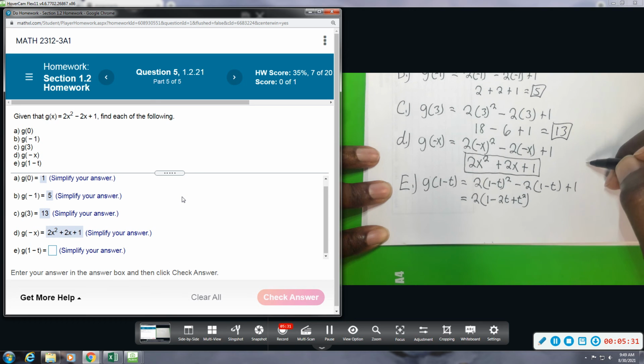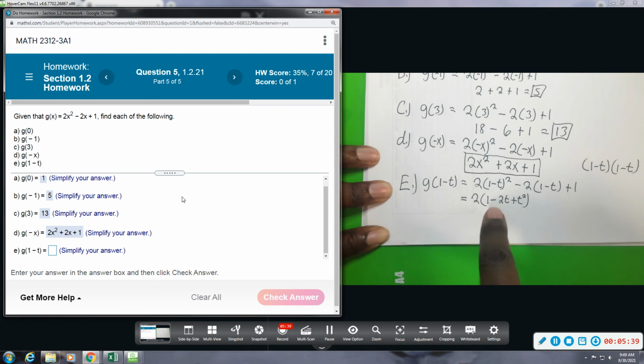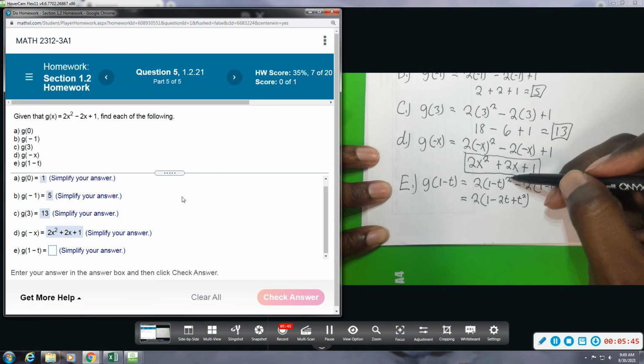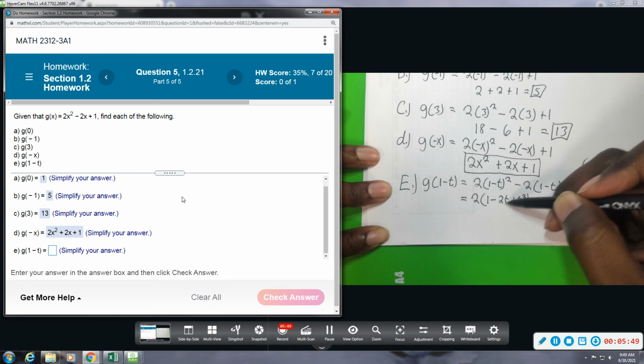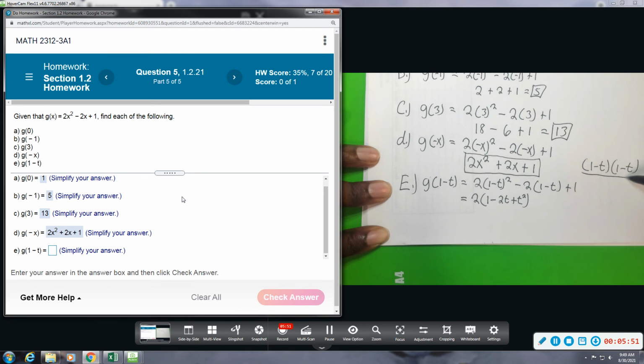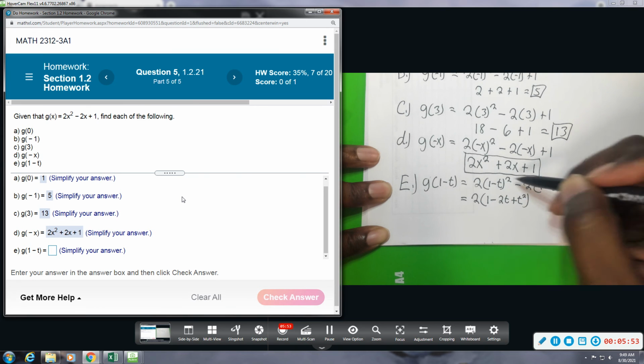So if you actually FOIL this out and you do 1 minus t times 1 minus t, you would get this. And you have to FOIL it out, otherwise you would miss that middle term. Most common mistake is to square both of them, and then we get 1 and positive t squared and miss this. So be careful. Either write it like this, or if you know that shortcut that I just explained, you can do that.